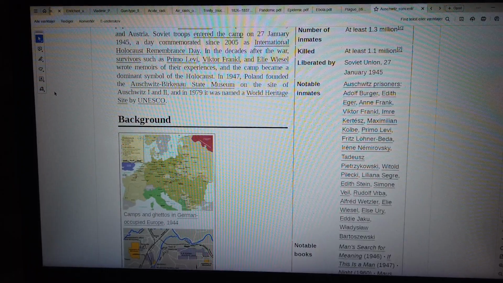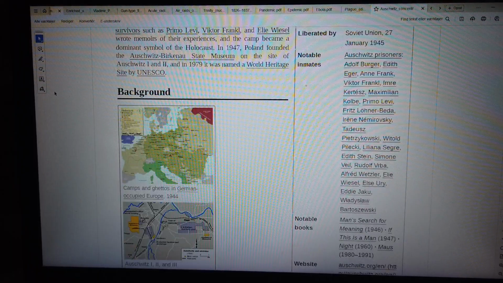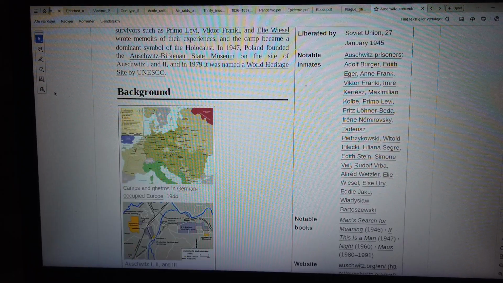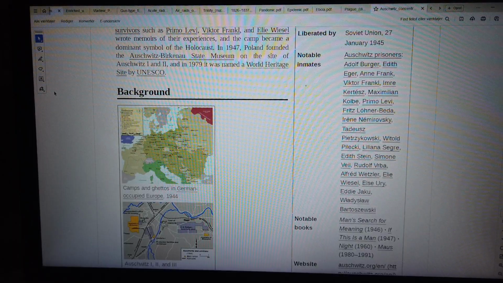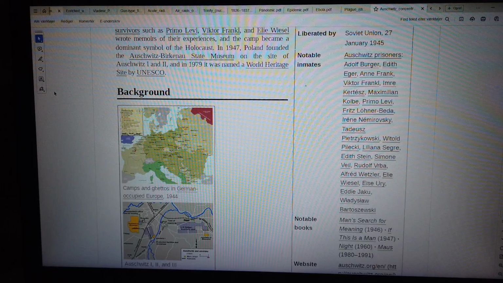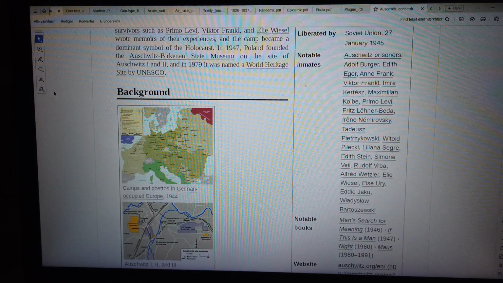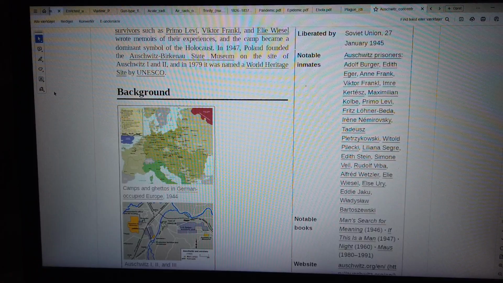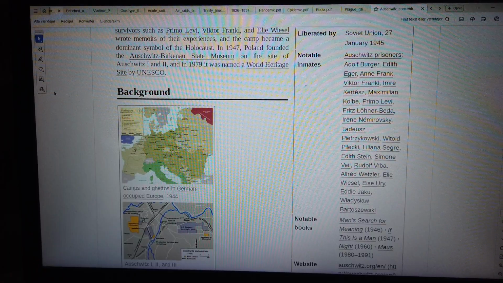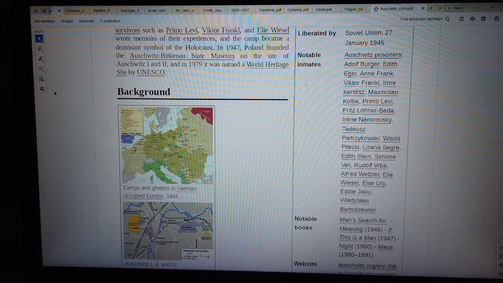Notable inmates: Adolf Berger, Edith Eger, Viktor Frankl, Imre Kertész, Maximilian Kolbe, Primo Levi, Fritz Löhner-Beda, Irène Némirovsky, Tadeusz Borowski, Witold Pilecki, Liliana Segre, Simone Weil, Rudolf Vrba, Alfred Wetzler, Elie Wiesel.